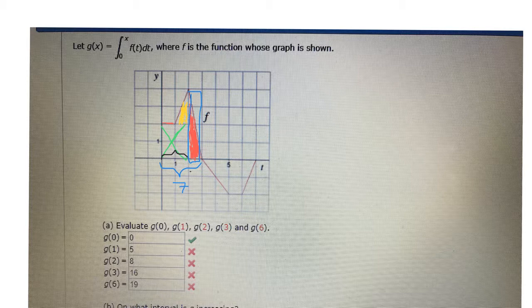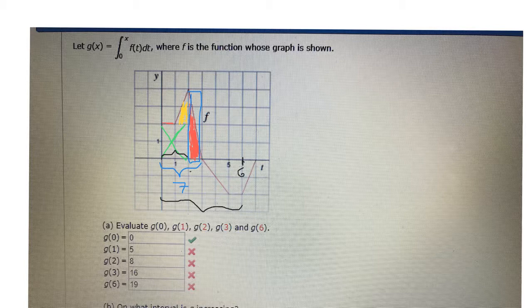But now they're asking us for the area from 6 all the way to 0, right? That's what this means. So I'm going to label 6 right here, and we are taking into account everything from 0 to 6.